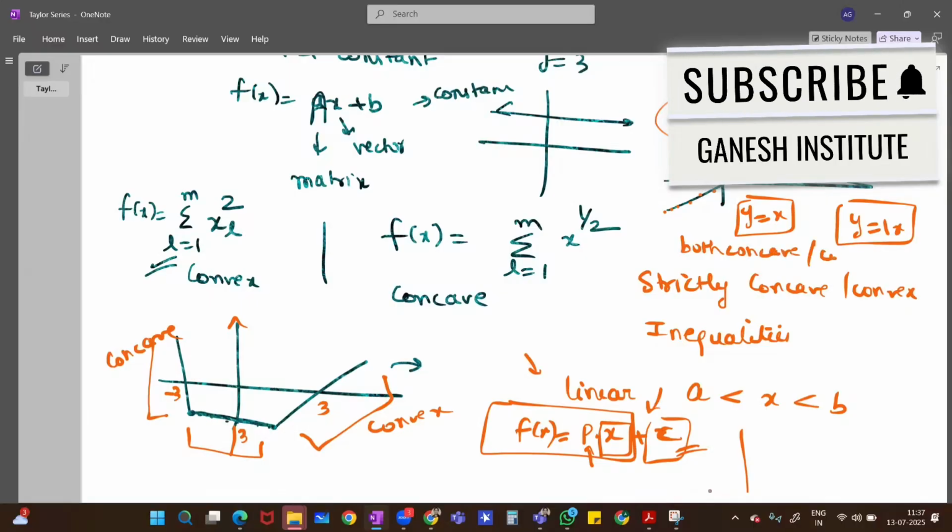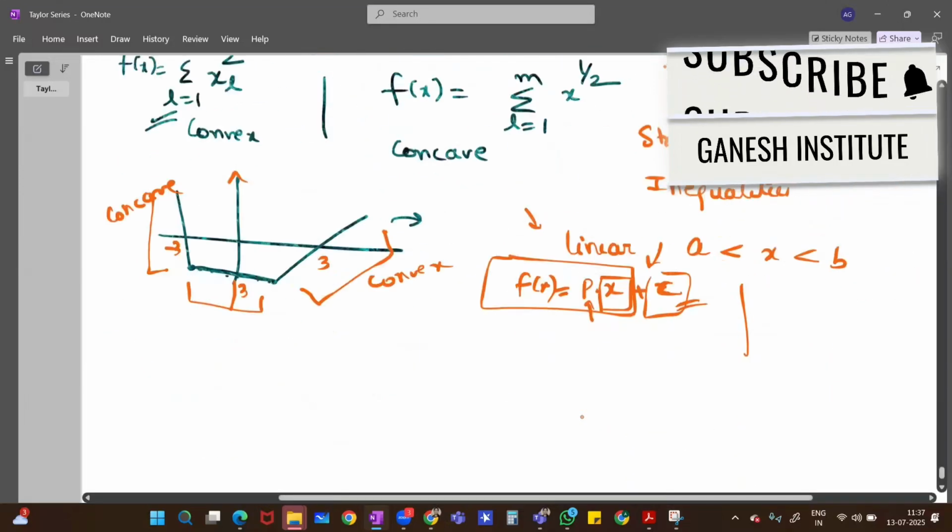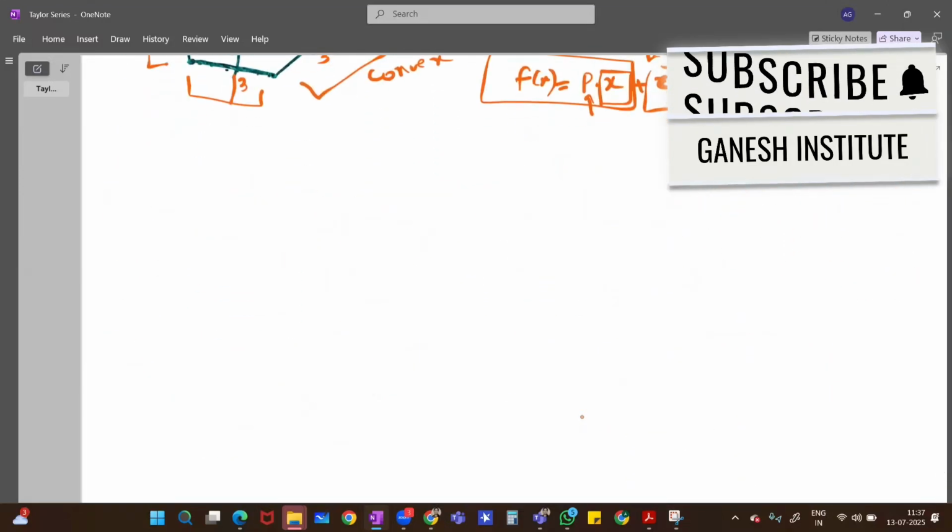Now, in order to find out the strict values, we have to divide it into intervals. So by intervals, we can say whether it is convex or concave.